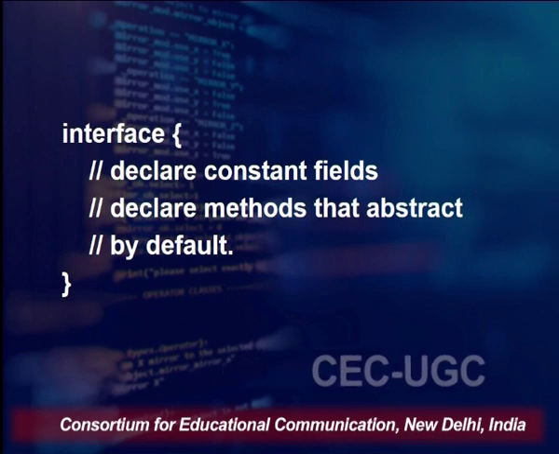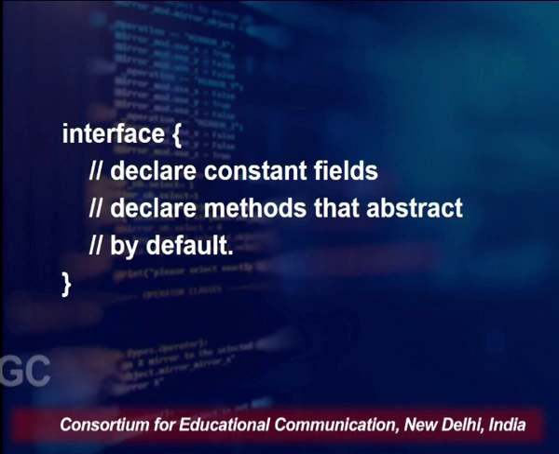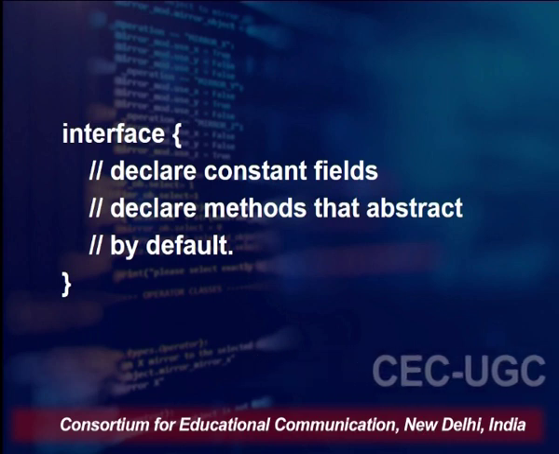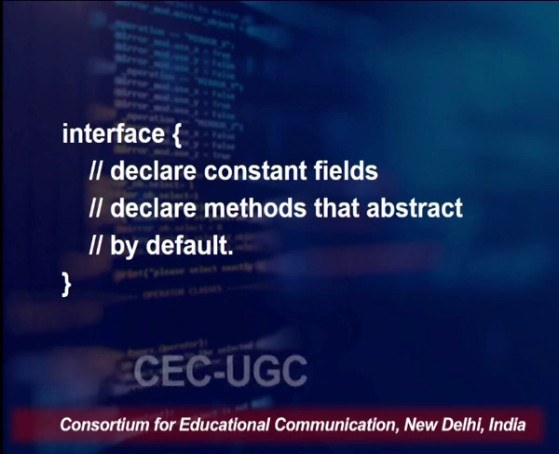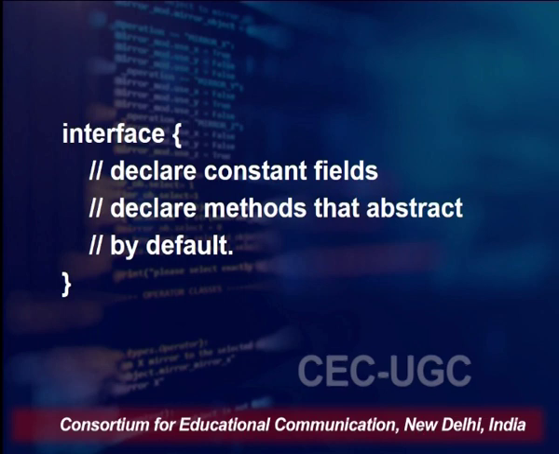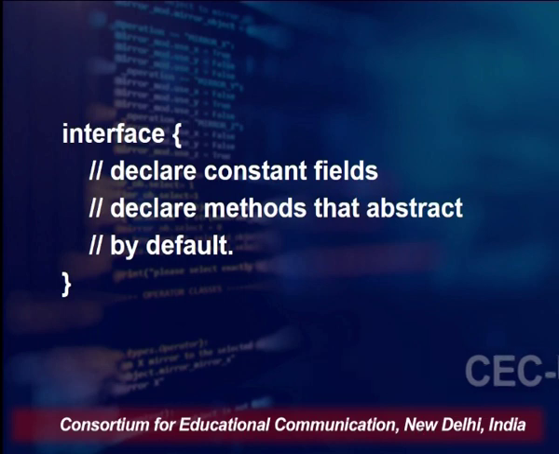The syntax is very simple. We use the term interface, and within the body we are going to declare constant fields, and we are going to declare methods that are abstract by default. The fields are constant, which means you cannot change the value of the field. This is what the actual syntax of the interface is.